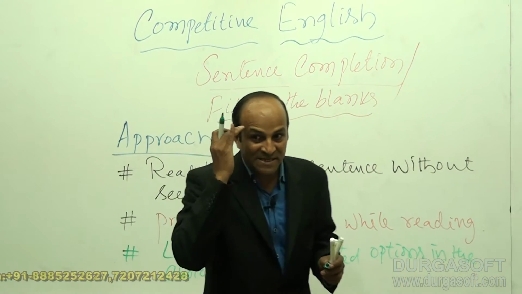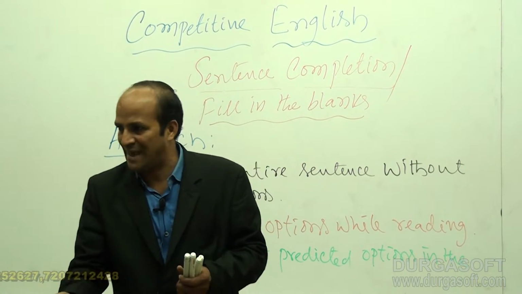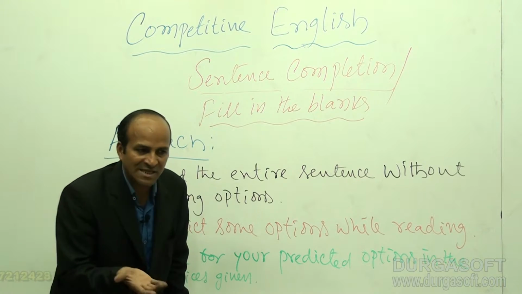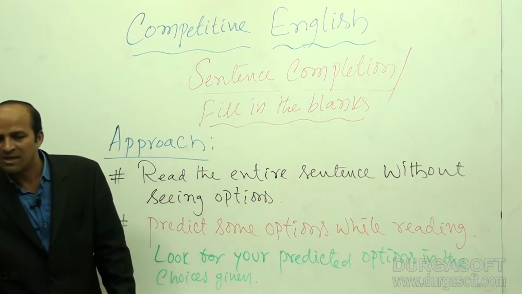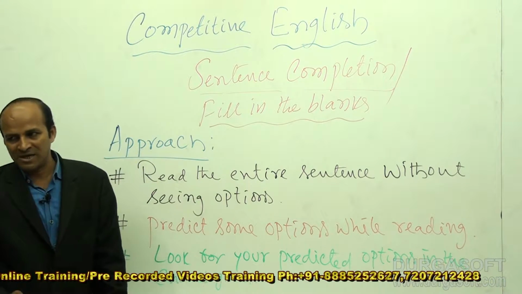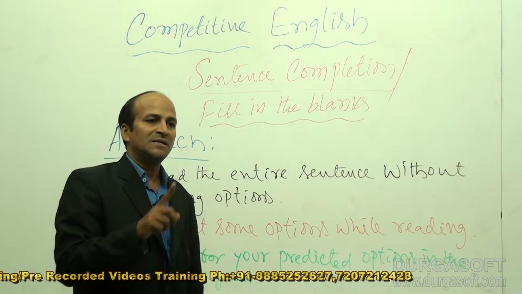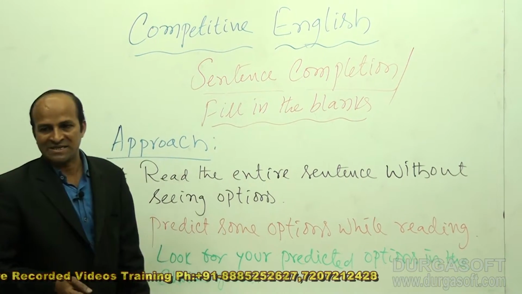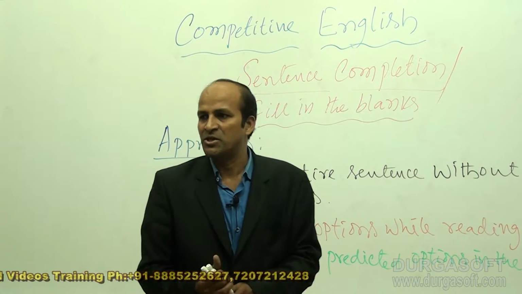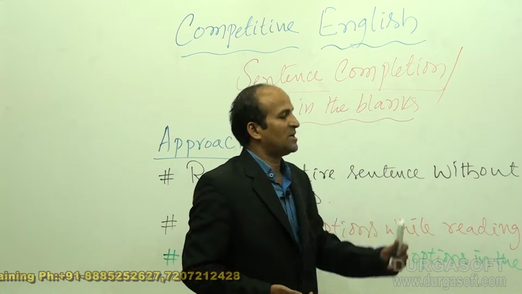Whatever options you predicted while reading the sentence, you can refer to see whether they are there in the options given. If they are there, immediately jump to the conclusion. Otherwise, you can read the sentence a second time. These 3 techniques are very important while attempting sentence completion or fill in the blanks.